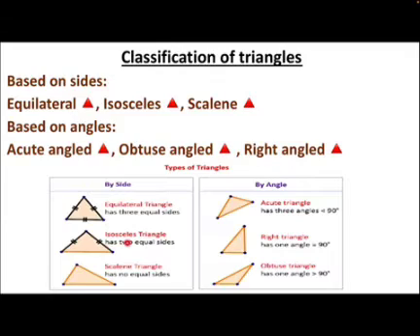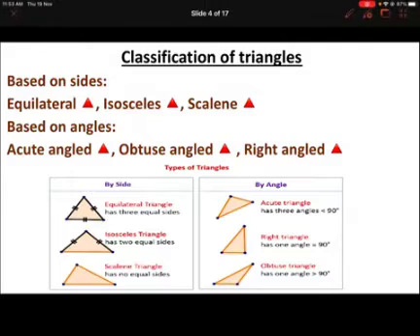The next one is isosceles triangle. Here we have any 2 sides equal. You can see 2 sides are represented by 2 strokes. So these 2 sides are equal. The third side, that is this side, is unequal. Scalene triangle, you can see all the three sides are different.